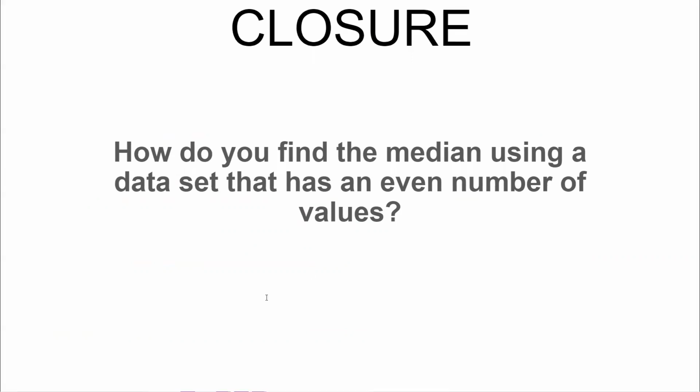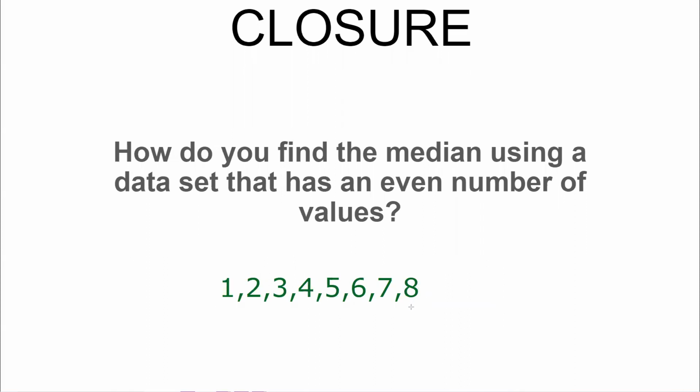So when I'm talking about an even number of values, hopefully you were able to think about this. So I'm just creating a random list that has an even number. So 8 is an even number. When I'm trying to find the median of this set of data, let's make it bigger. I know for the median, I'm trying to find the middle.